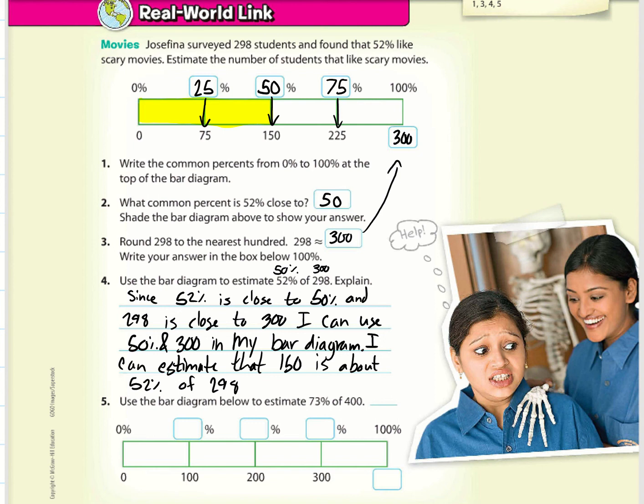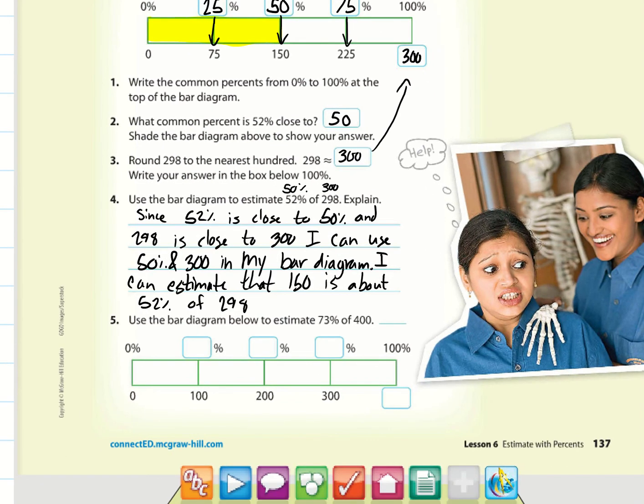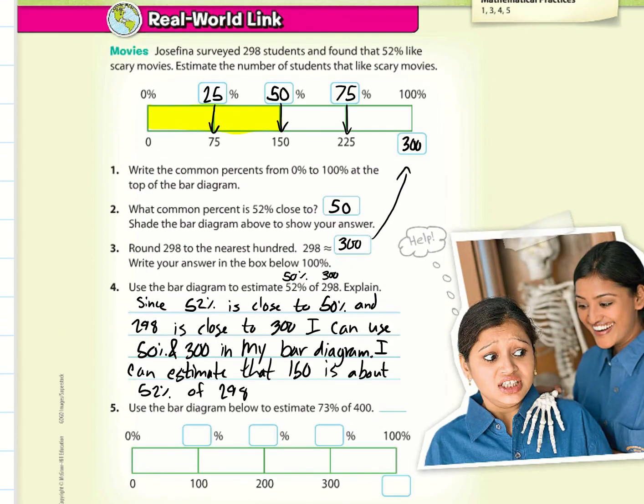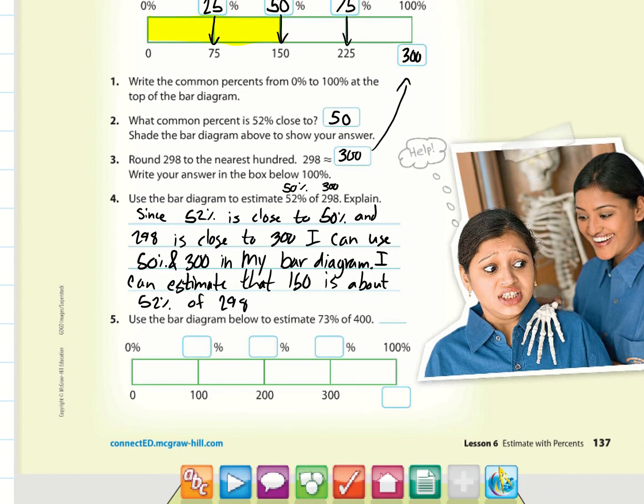So because we're using 50% and 300, when you say what's 50% of 300, we're at 150. So that's half. 50% is half, and 150 is half of 300. So our final answer for the number of students that like scary movies would be 150.